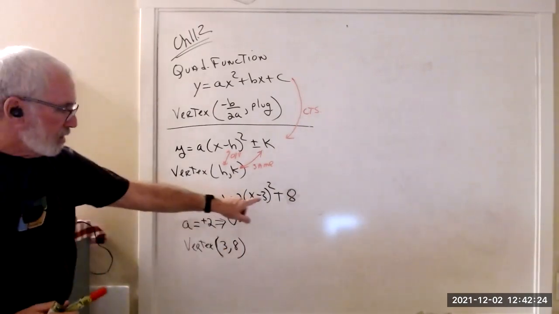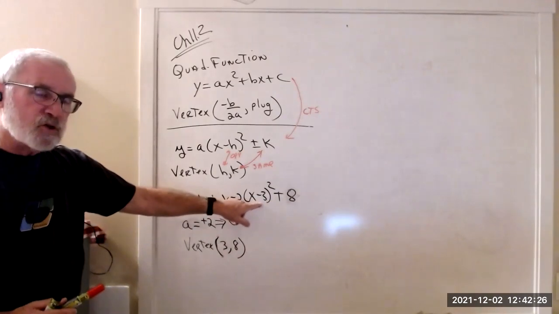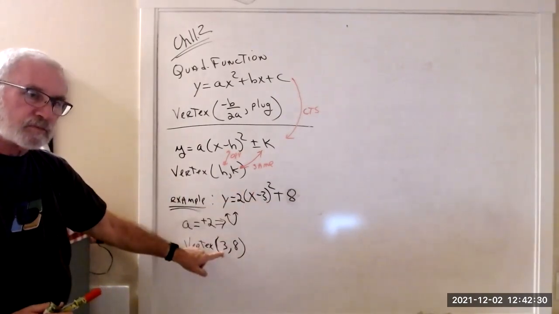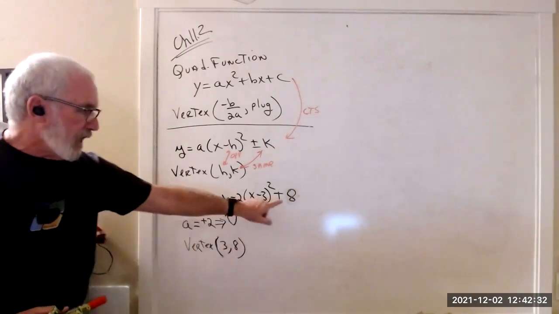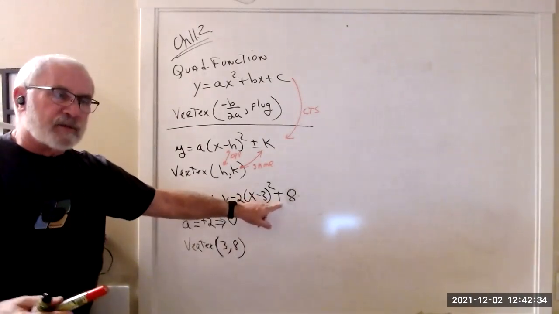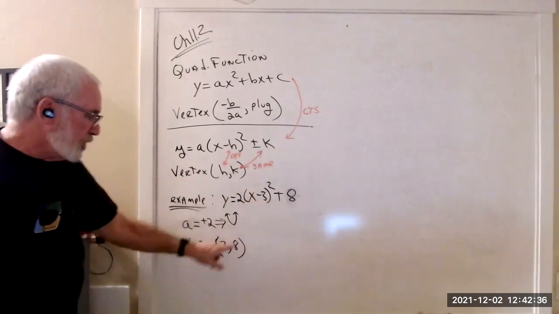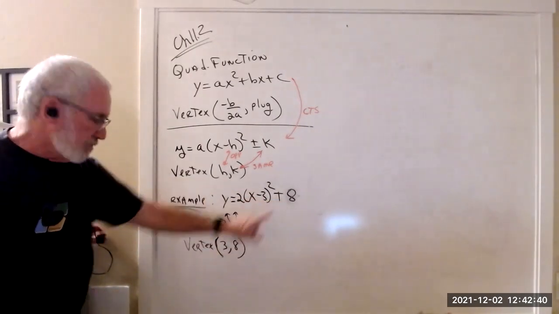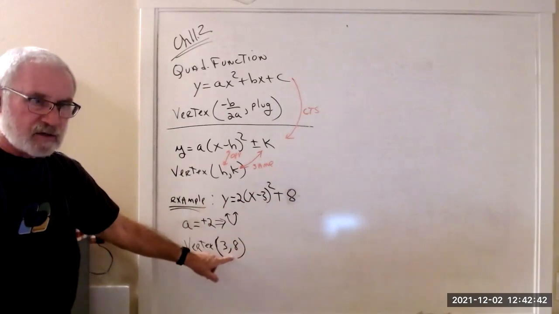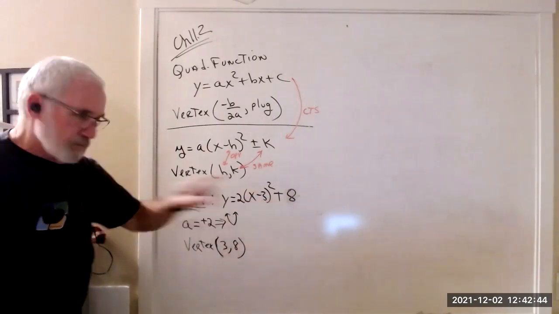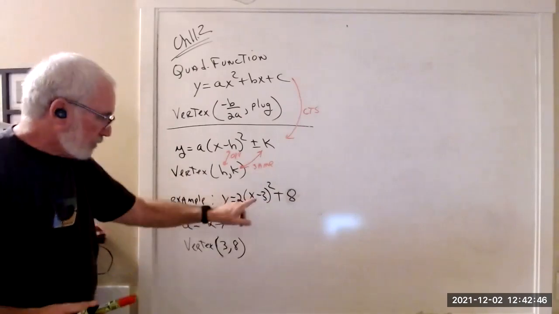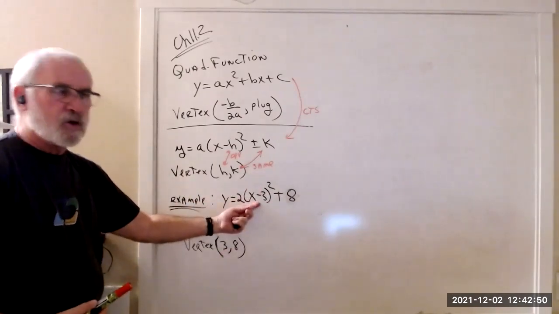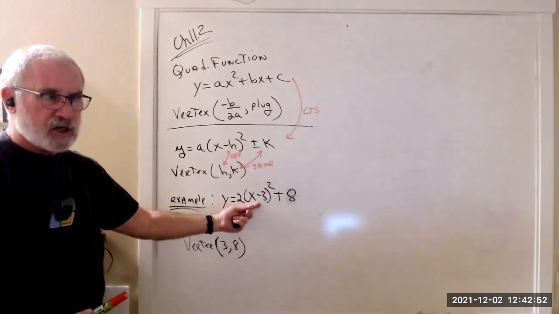Again, inside the parentheses, you see a -3, you use a +3. But the 8 is not inside a parenthesis, so you just use it as it is. If this had been a -8, then you use a -8. So if you're pulling information from inside of a parenthesis, you use the opposite of what you see.